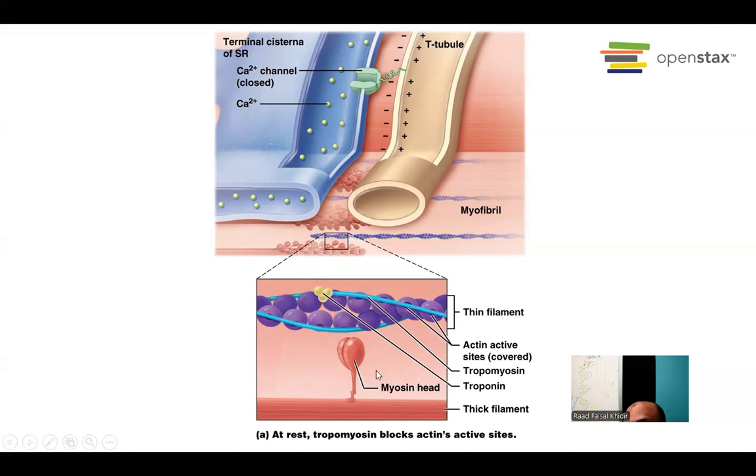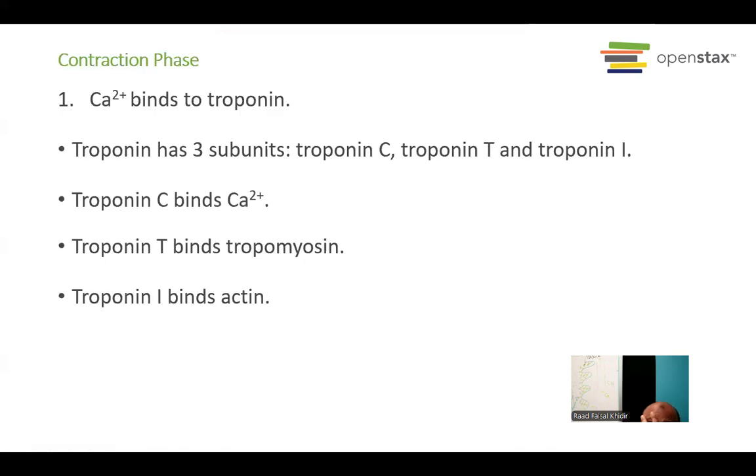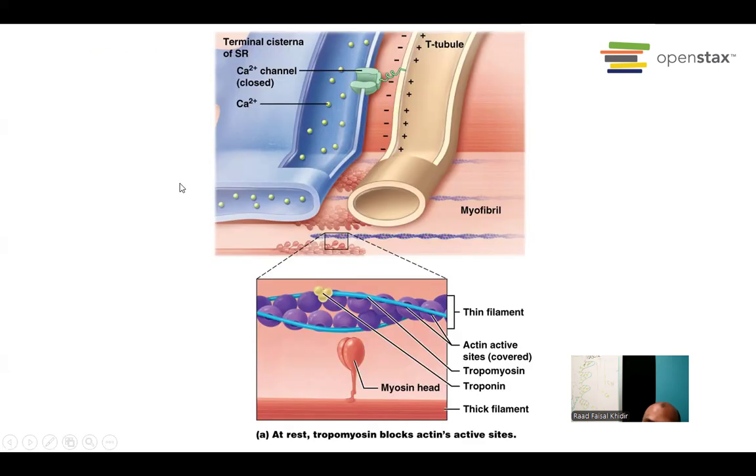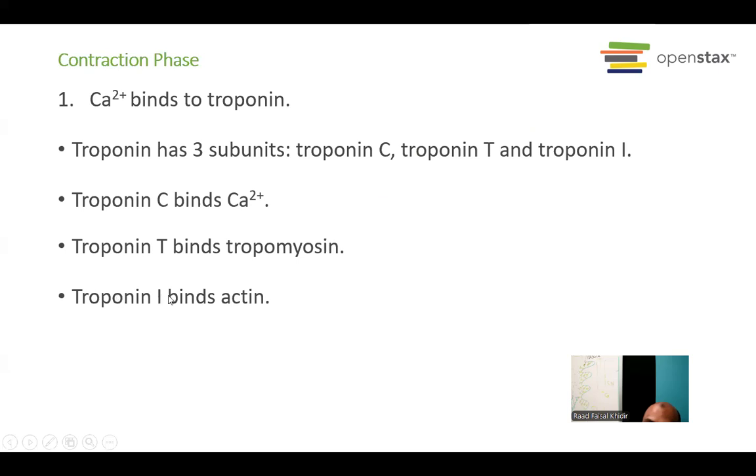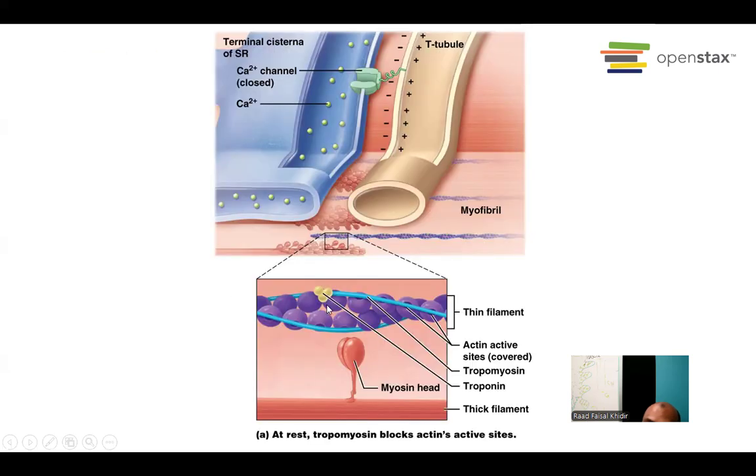The calcium would bind to troponin, and troponin has three subunits: troponin C, troponin T, and troponin I. Troponin C binds to calcium, troponin T binds to tropomyosin, and troponin I binds to actin.